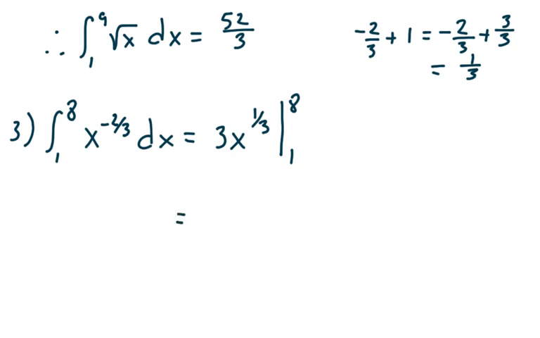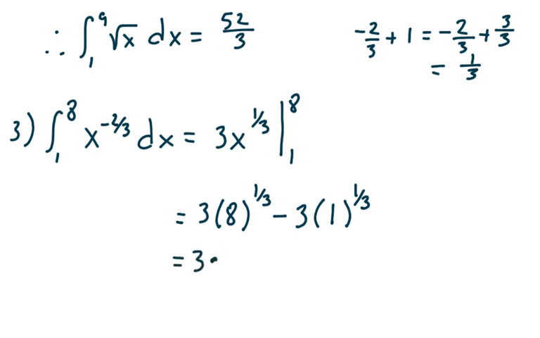Now, I'm going to replace x with 8 and get 3 times 8 to the 1/3. Then I go minus, and then I replace x with 1 to get 3 times 1 to the 1/3. So this is equal to 3 times 8 to the 1/3.